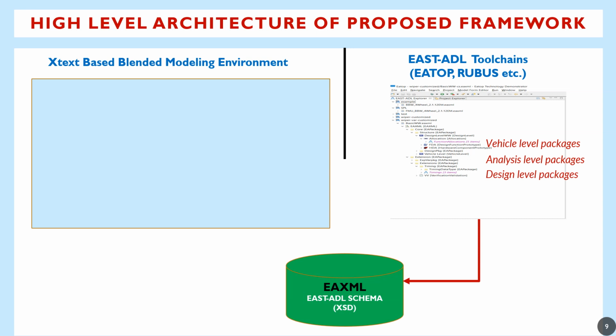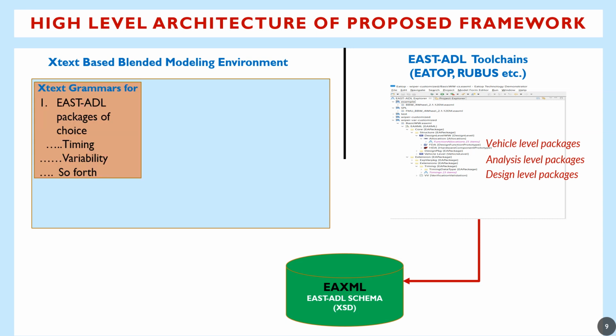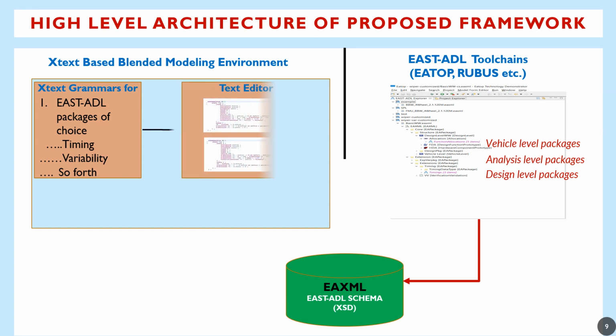In the proposed framework, the first step is to specify the XText grammar for the eSTDL packages of choice. It can be timing, variability, requirement, and so on, depending on the requirements. Based on this XText grammar, a text editor is available to perform the modeling in programming language like syntax.